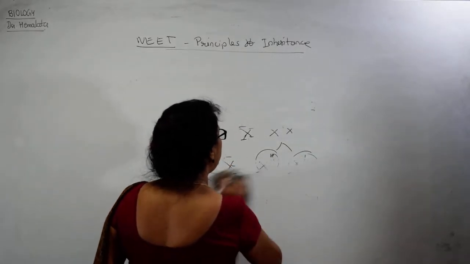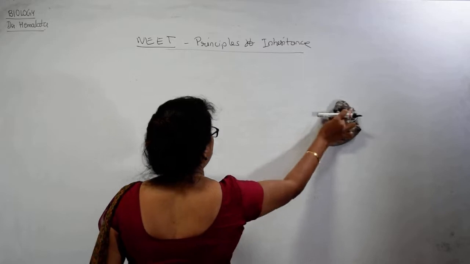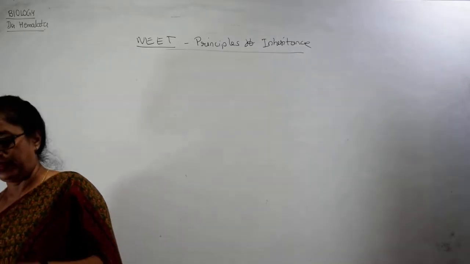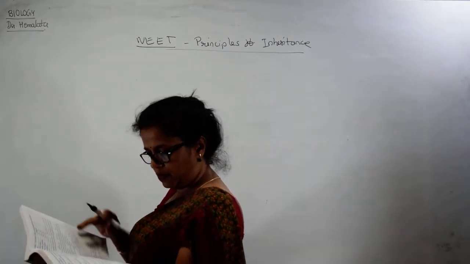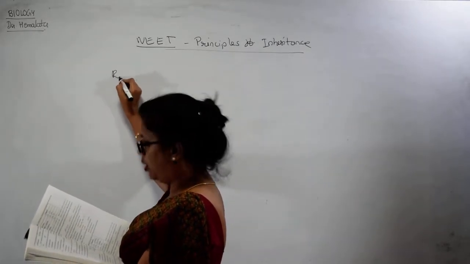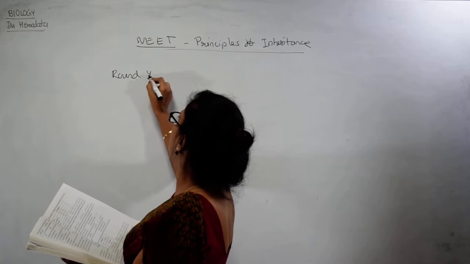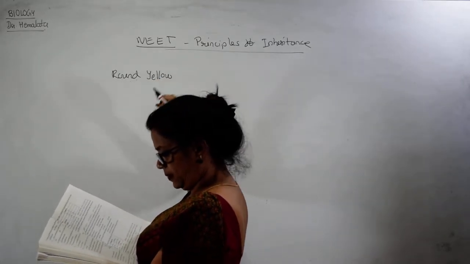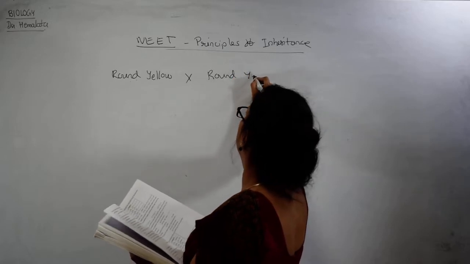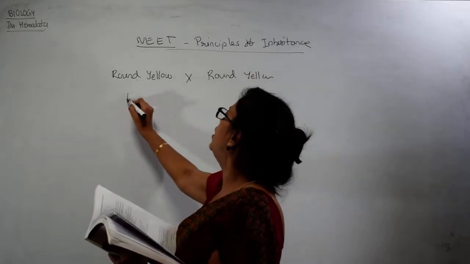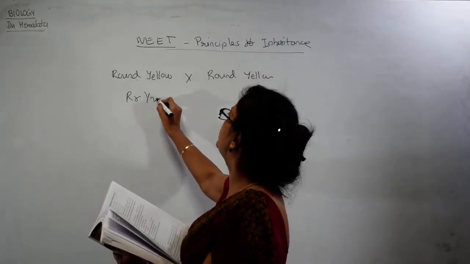So observe the checkerboard and identify. What is the question given? They are saying heterozygous round yellow is taken and selfed, meaning round yellow only. Both are heterozygous. So we will have capital R, small r, capital Y, small y.